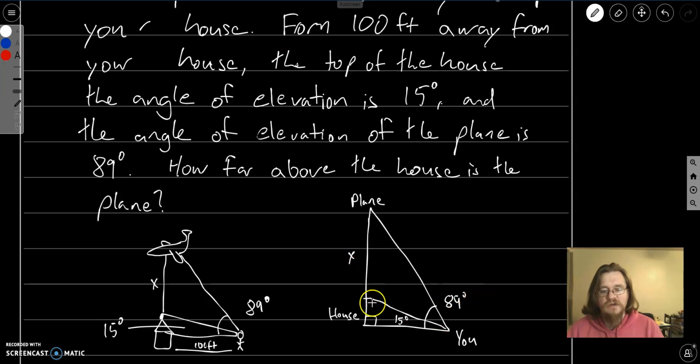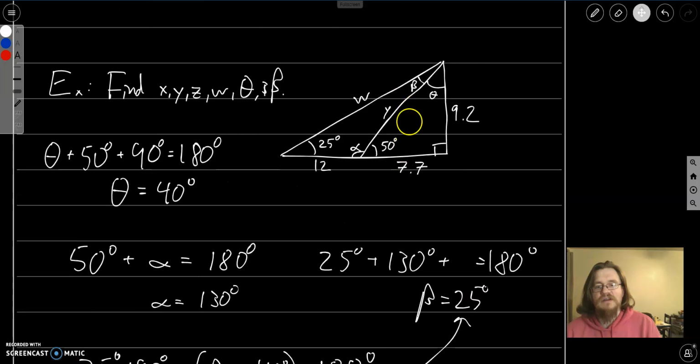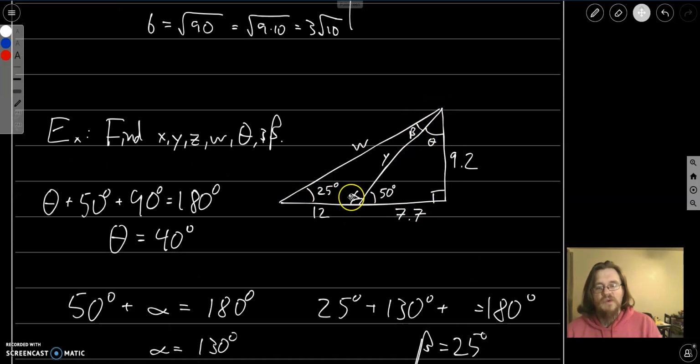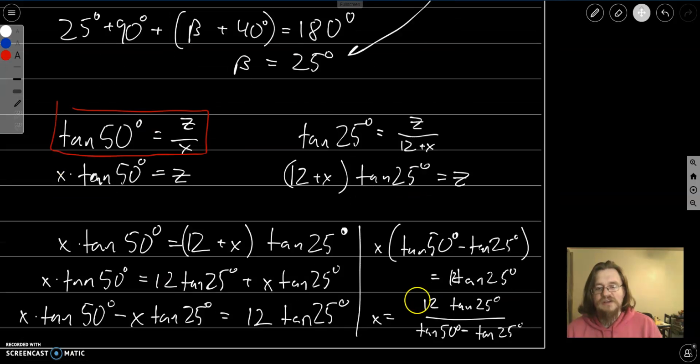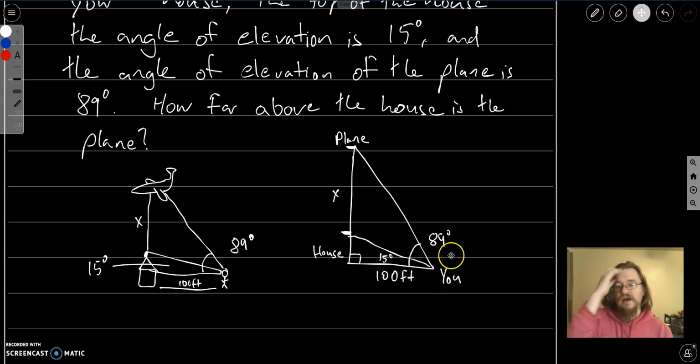And we want to know this length, the distance from the top of the house to the plane, and we know that we are 100 feet away. So this should look surprisingly similar to this guy right here, where we have these two triangles. It's just flipped over a little bit. So we can use the exact same method to solve this, and I will do so in the next video.